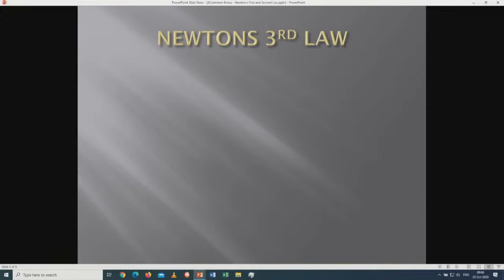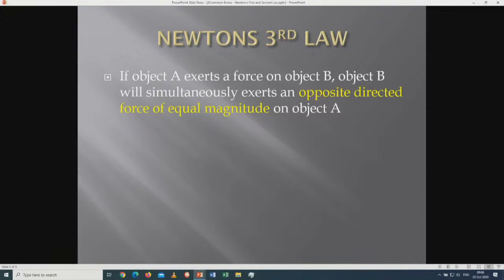Okay, maybe then moving on to Newton's third law. In question 2, there are not many applications to be asked on Newton's third law. Mostly that is applied later on, in question 3 and question 4, to the conservation of linear momentum.